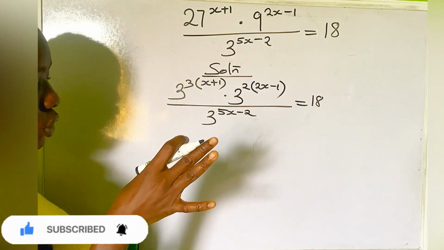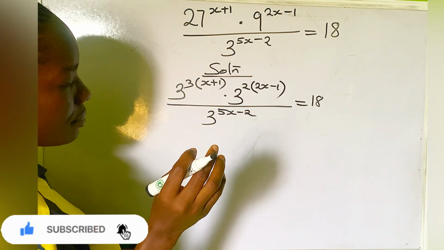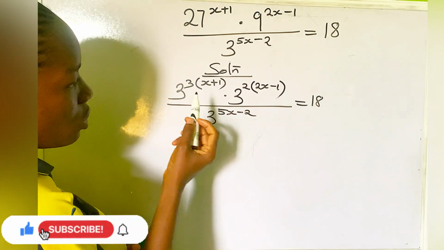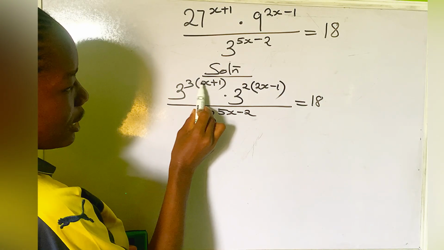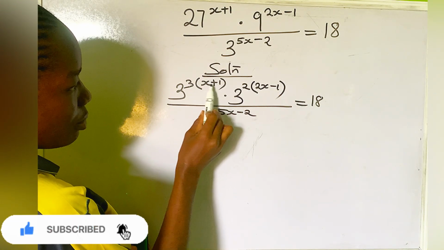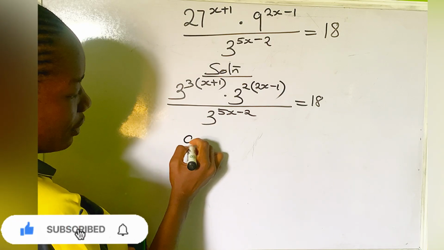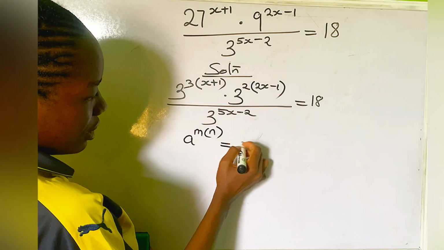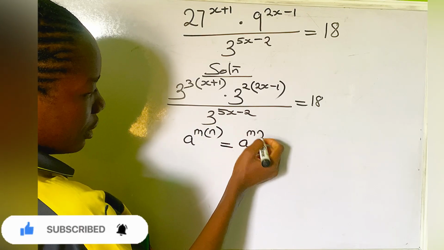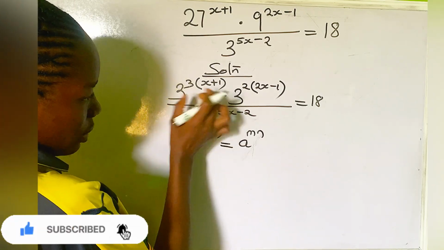All right, so just watch the way we do this. Now for this equation, we're going to be multiplying the exponents by what is in the bracket. So a to the power of m, open bracket, n, is the same thing as a to the power of mn. Now look at this, and I'm going to be applying it here.